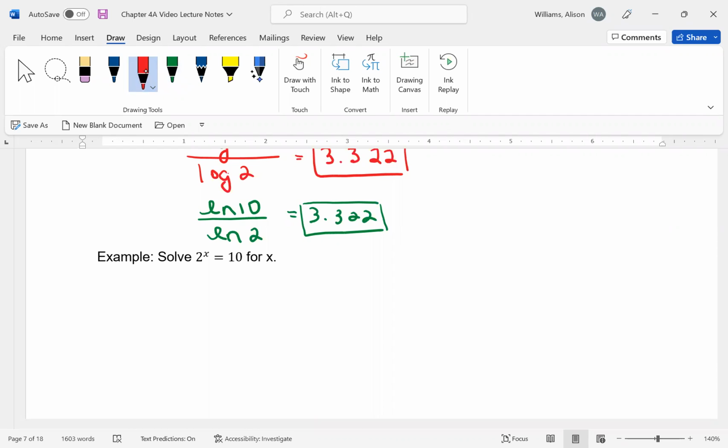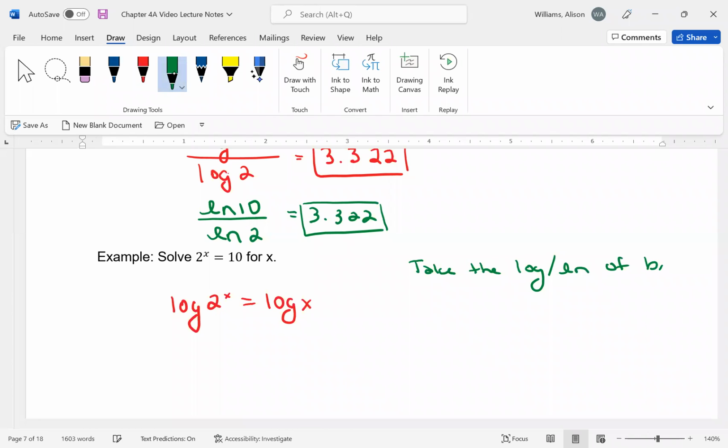Okay, so here's where we can use logarithms. What I can do is take the log of both sides of the equation. Take the log or natural log, doesn't matter, either one, of both sides of the equation.